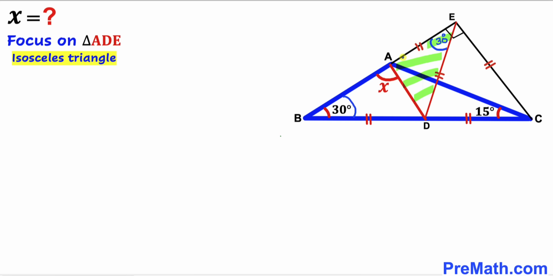So we conclude that this angle has got to be congruent to this angle. And we know this angle is a 30-degree angle. So this angle is going to be 75 degrees. Likewise, this angle is going to be 75 degrees as well, such that the sum of all three angles is indeed equal to 180 degrees.